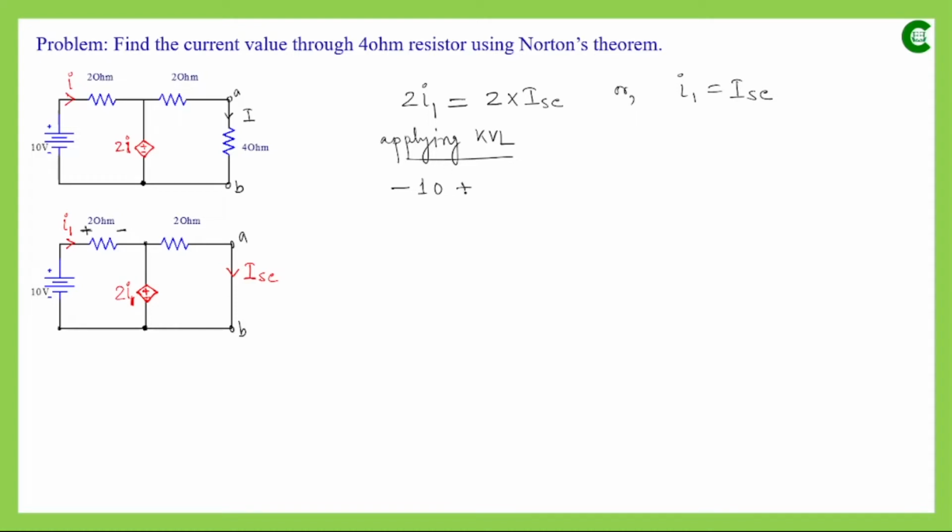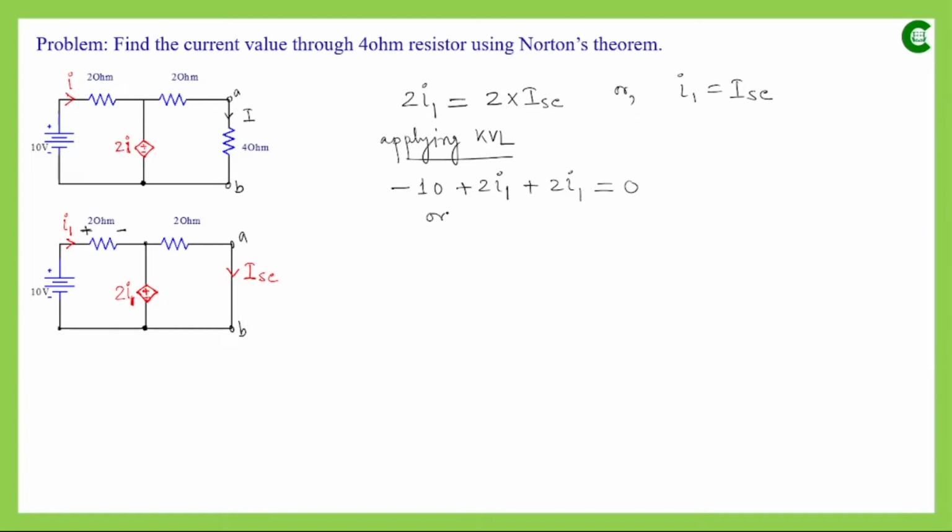So in the equation it will be taken as plus 2I1, the voltage drop across this 2 ohm resistor. Now if we take the voltage of this voltage source, we are traversing from positive terminal to negative terminal, so the value of this voltage source again will be taken as positive, and the algebraic sum of all these values will be equal to 0.